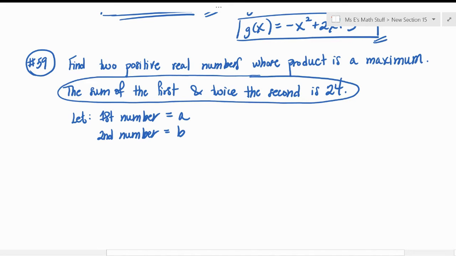So A plus 2B equals 24. This is considered a constraint equation.